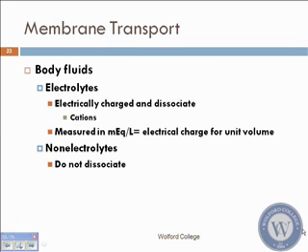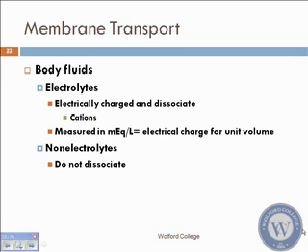First part, electrolytes. Electrolytes are electrically charged and dissociate into cations and anions. We measure them in milliequivalents per liter, which is electrical charge per unit volume. That's tricky for most students: it's not milligrams, it's milliequivalents per liter.